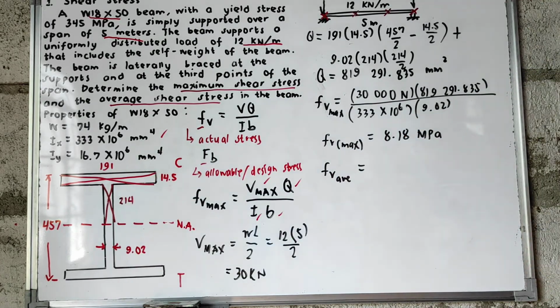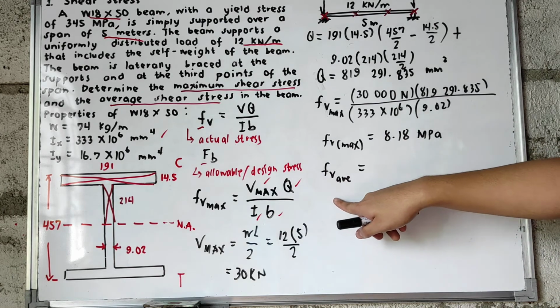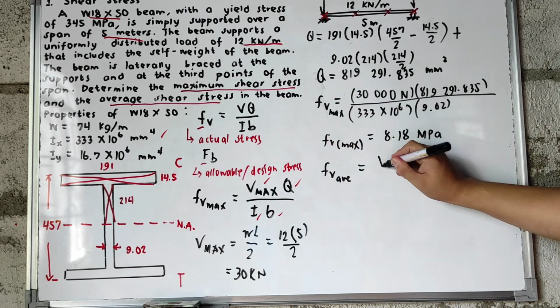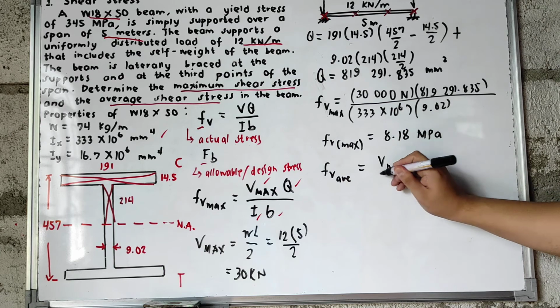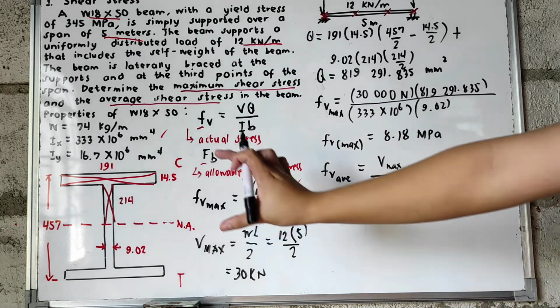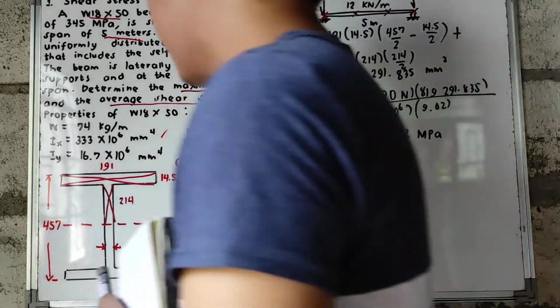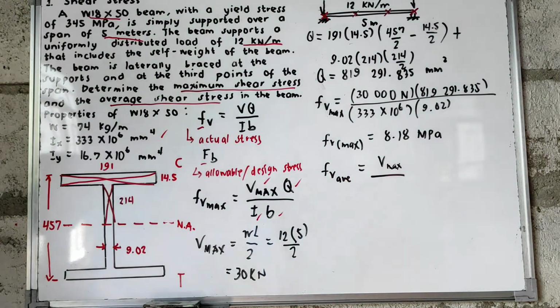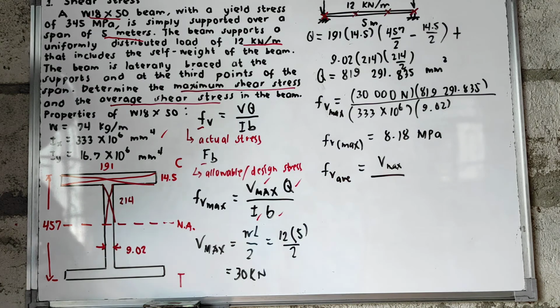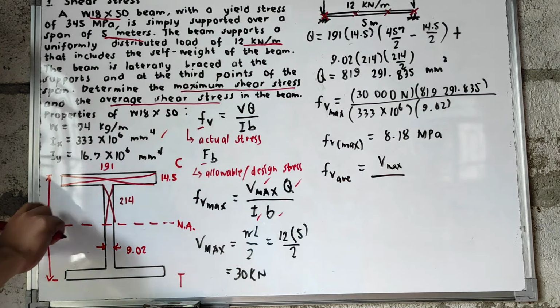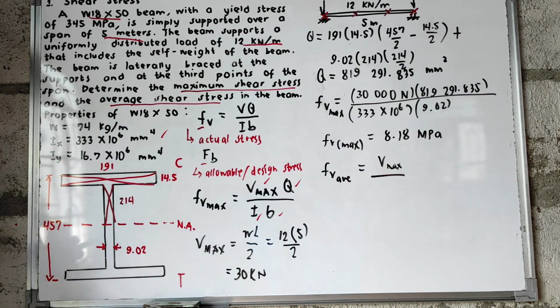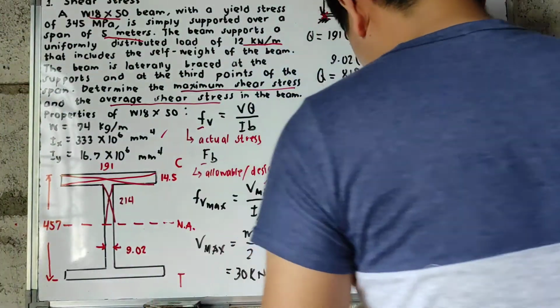So meaning to say, the formula in computing the average shear stress, that is yung Vmax natin all over, siyempre yung sa web natin. So for this one, kinuha na lang for simplicity purpose. So we just consider here yung D multiplied by the thickness of the web.